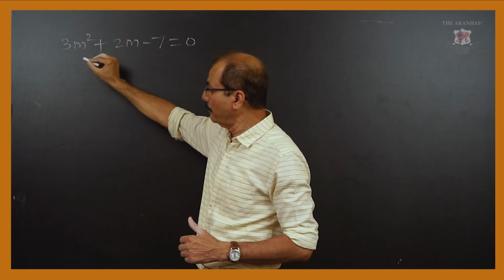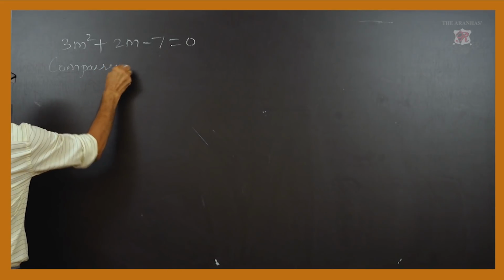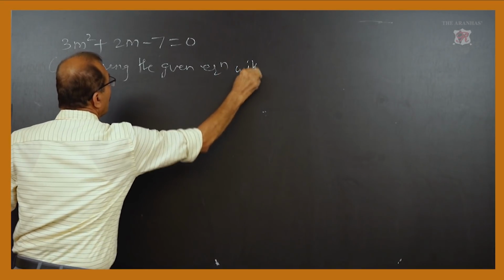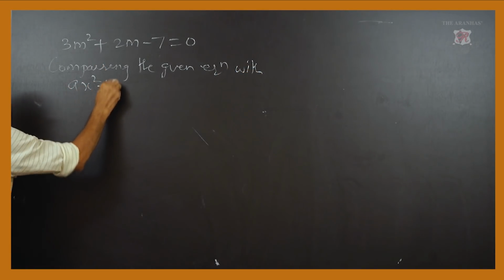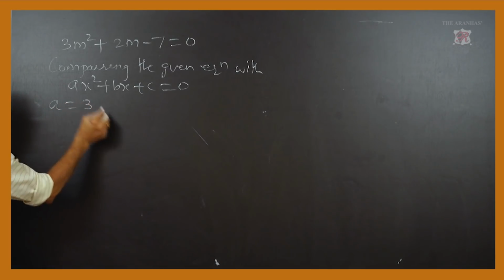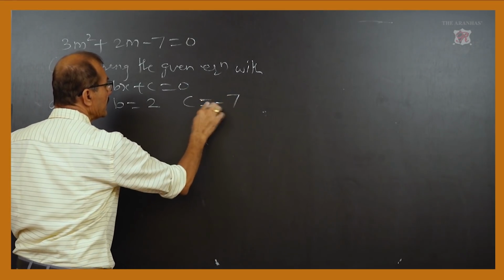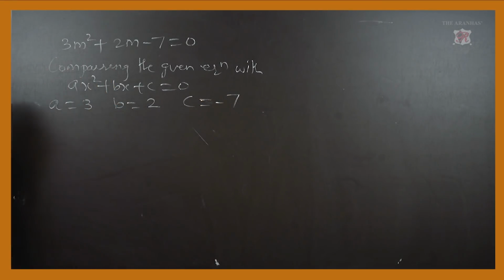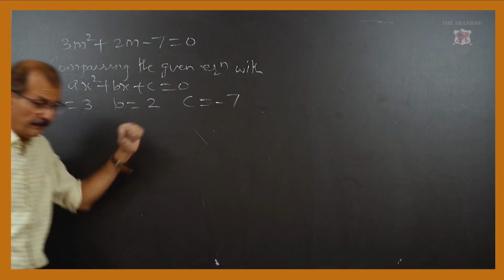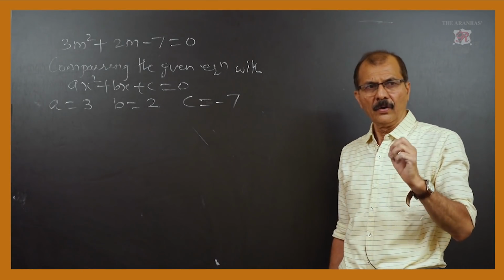I repeat, comparing the given equation with ax square plus bx plus c equals to 0, we get a is equal to 3, b is equal to 2 and c is equal to minus 7. The first step. After getting the values of a, b and c, we have seen in the formula that one root is minus b plus root of b square minus 4ac upon 2a.